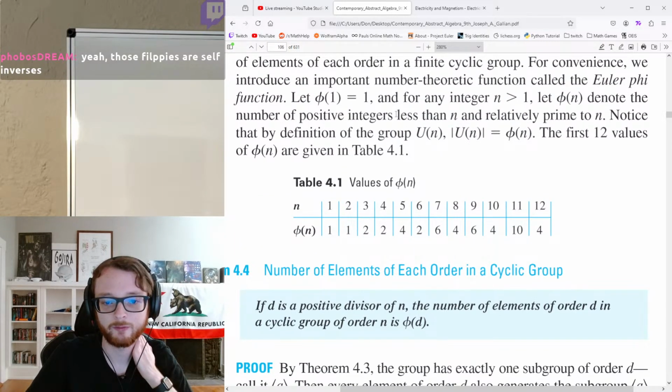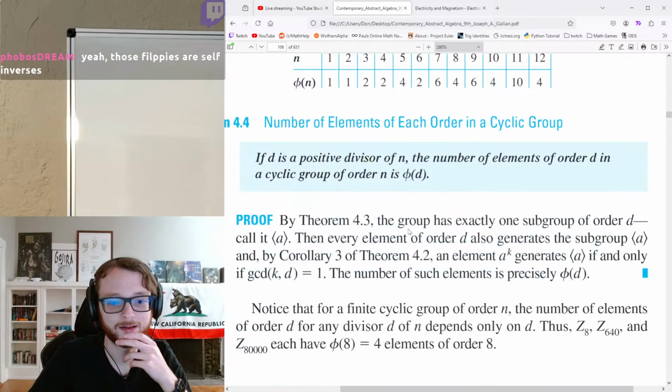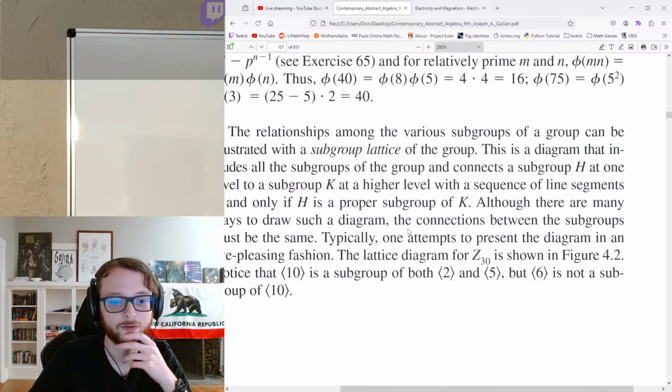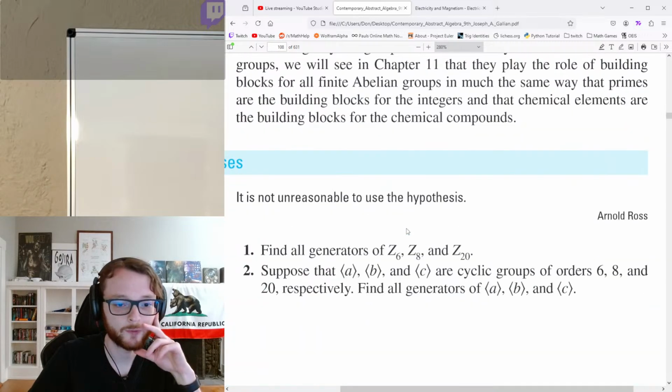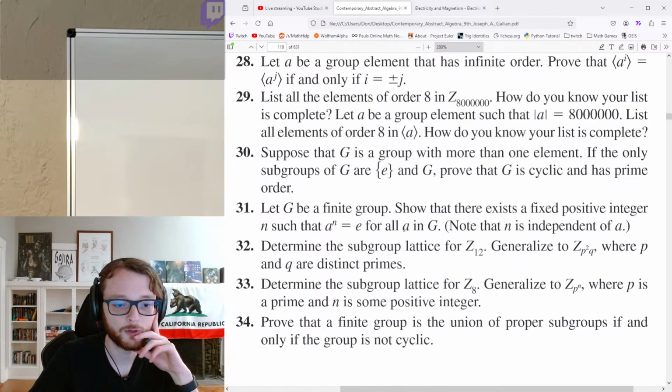Less than n and relatively prime to n. Oh, this is one of those weird things where 1 is relatively prime to 2. Okay, that's why phi of 2 is 1. And if it's an even-sided shape, you have one self-inverse rotation, R180.